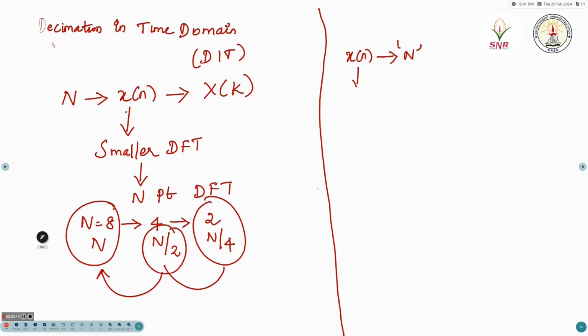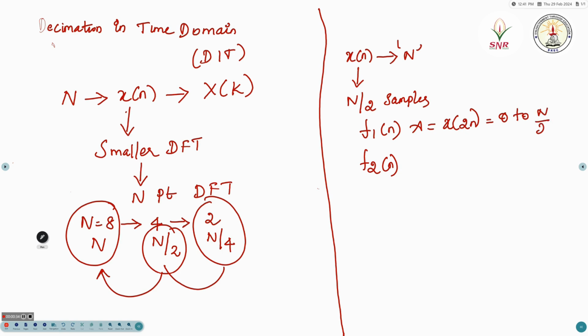Here we can decimate x of n into n by 2 samples. We are naming these n by 2 sequences f1 of n and f2 of n. So f1 of n is denoted as x of 2n, where n varies from 0 to n by 2 minus 1, and f2 of n is denoted as x of 2n plus 1, where n varies from 0 to n by 2 minus 1.